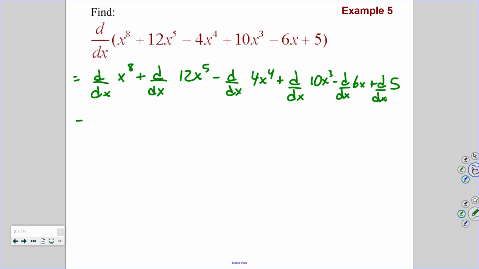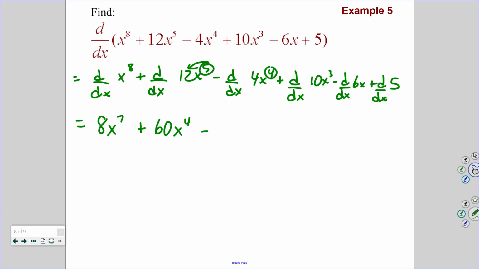Okay, so the derivative of x to the 8th, 8 comes out front, write down the x, subtract 1 from the power. For the next one, I take the 5, multiply it by 12, so that's 60, and then x to the 4th power, don't forget to subtract 1.